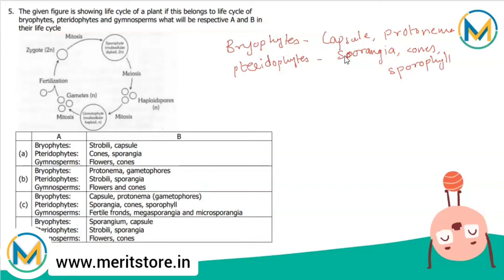Then the last for gymnosperm, it will be fertile fronds, megasporangia and microsporangia.